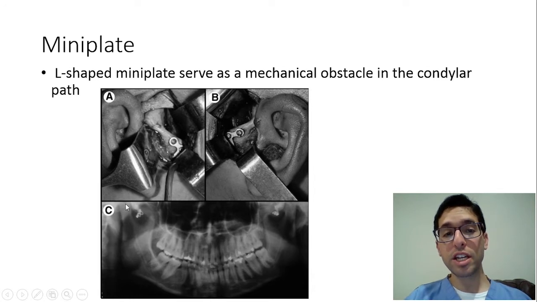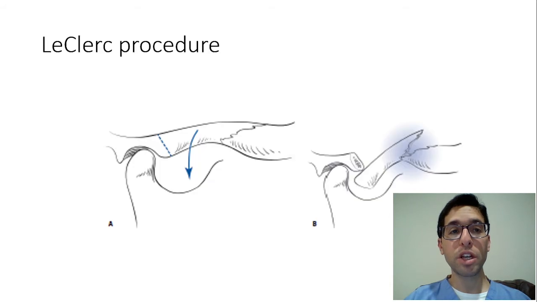So the thought process here is if we could prevent the condylar head from translating too far forward, the patient will not be able to excessively open, and therefore if they can't open too much, they can't dislocate. So that's one way of preventing them from dislocating. The problem with these mini plates, the reason why they fell out of favor, is they tended to fracture, and once you get hardware failure, you had to do a second surgery just to remove the broken fractured plate. So it wasn't a great option.